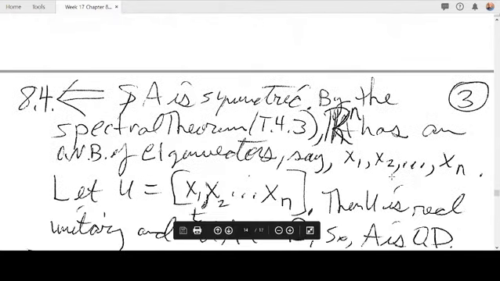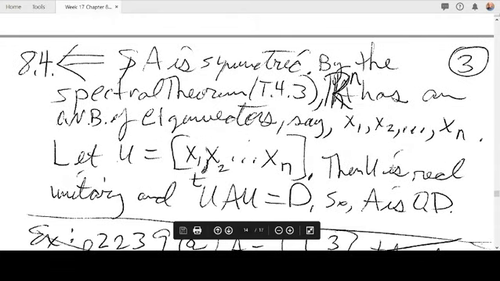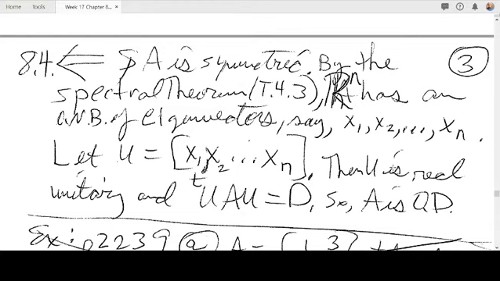And in the converse direction, suppose A is symmetric. Then by the spectral theorem, which is theorem 4.3, R^n has an orthonormal basis of eigenvectors. Call them x1, x2 through xn.